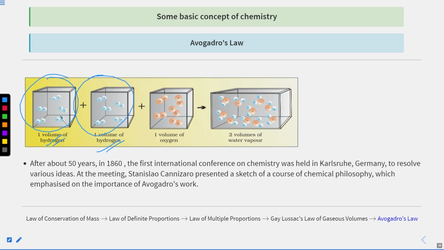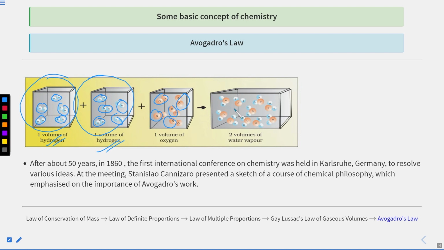If both boxes are considered to be kept at the same temperature and same pressure, you will see that there are one, two, three, four, five molecules of hydrogen here, here also five molecules of hydrogen, and here also five molecules of oxygen. Therefore, you can see very clearly that if we take one volume, then they both give the same number of molecules.